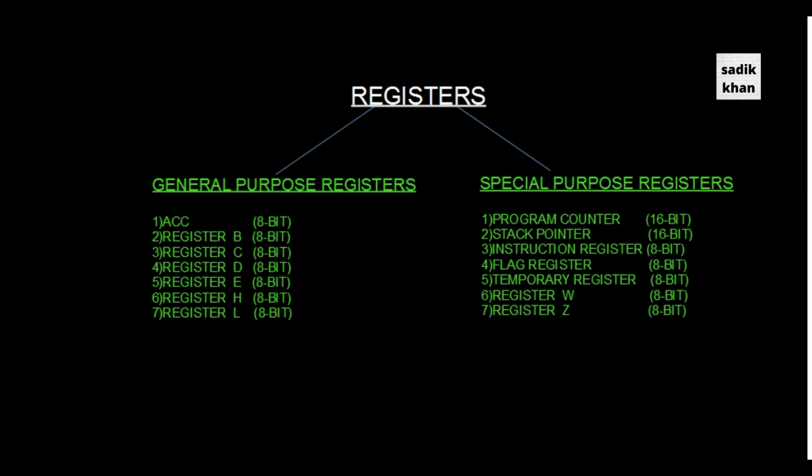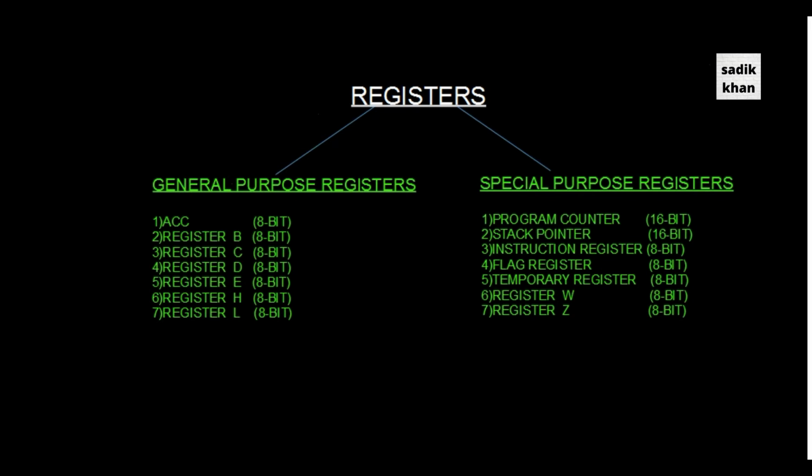Suppose we take the program counter: its purpose is to store the address of the next instruction. So it is only used for storing the address of the next instruction. Here you cannot store operands. Since the purpose is fixed, these registers are called special purpose registers.